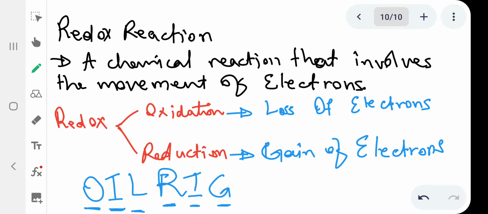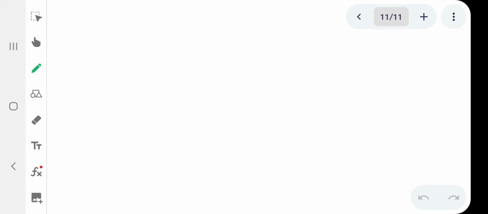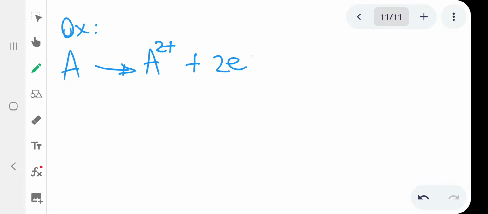So how can we actually represent an oxidation reaction? Say we have a metal A, and this metal A loses 2 electrons. Then it would have an oxidation number of 2 plus, because it had lost 2 electrons.